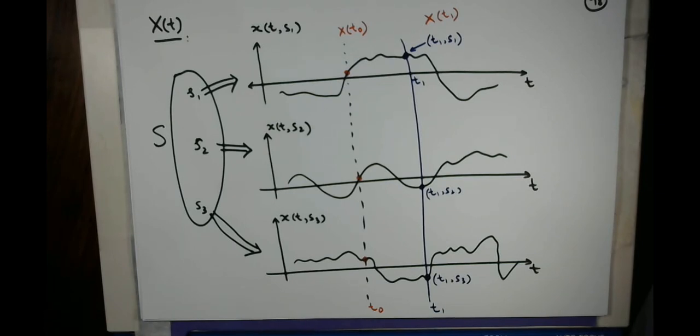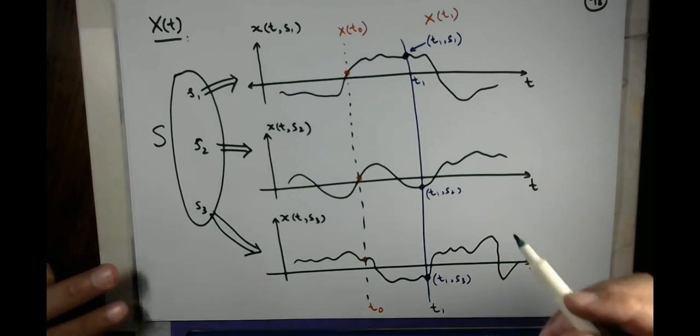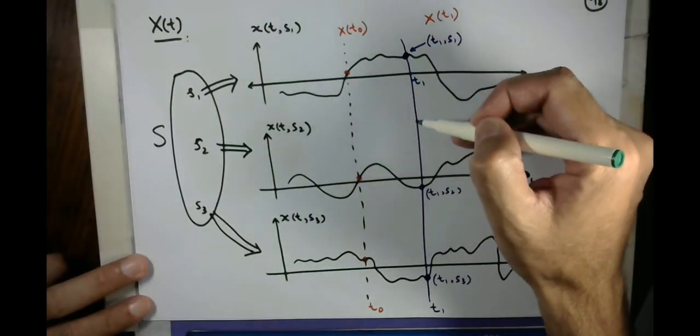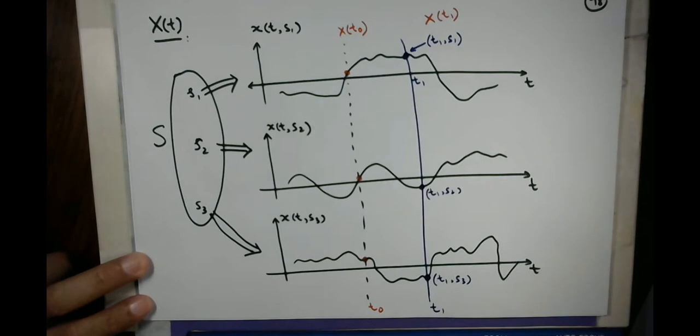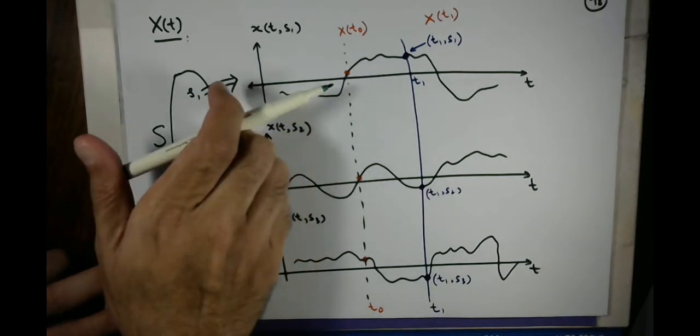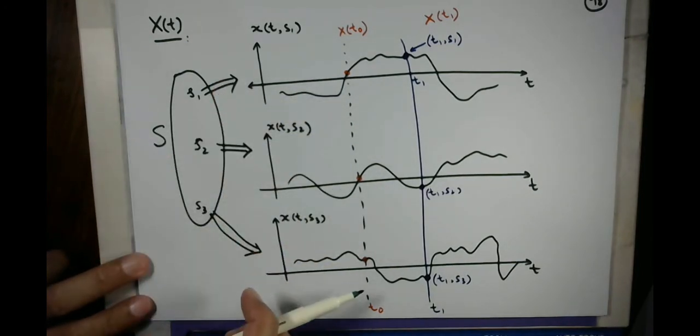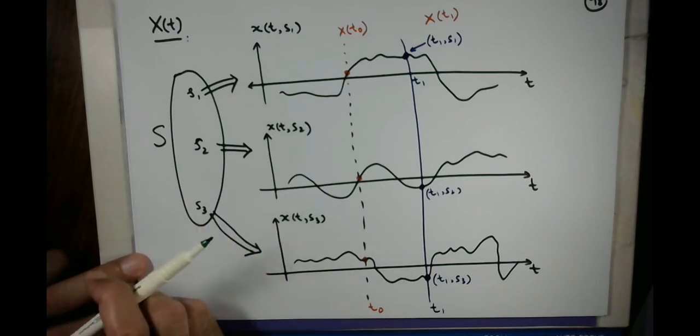Is ensemble average a constant or a random variable? What do you feel? I believe this is a random variable. The argument is as follows. You fix time at t1, you get some ensemble average. You fix time at t0, you get another ensemble average.